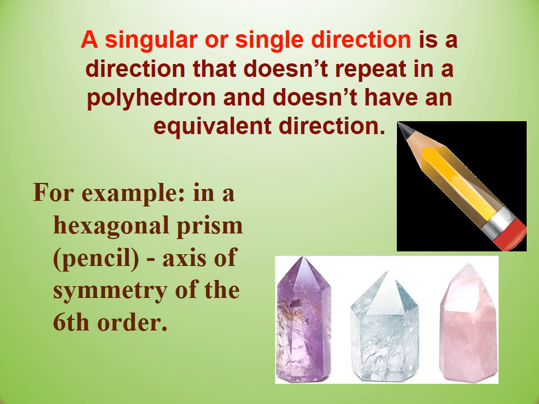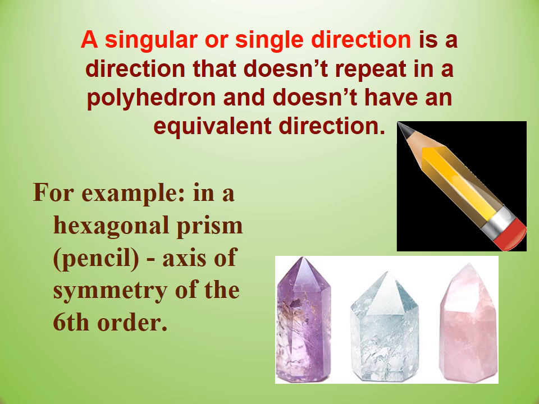In asterisks of snowflakes or in a hexagonal pencil, there is only one element of symmetry, the symmetry axis of sixth order. The only direction not repeated in a polyhedron is called single or isolated. That is, it doesn't have symmetrically equivalent directions.